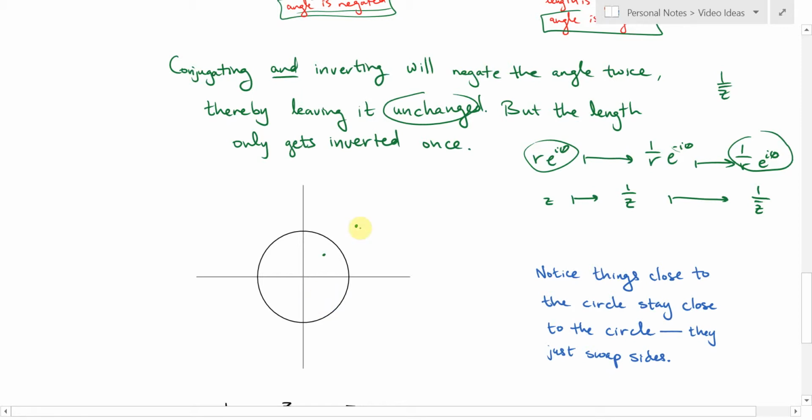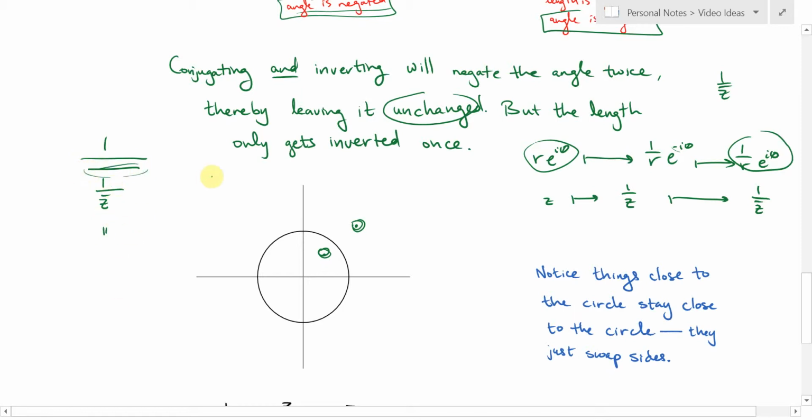This point gets mapped to this point. And also, think about it vice versa. This point inside also gets mapped to that specific point outside. Because if you repeat this map twice, 1 over z bar, and then you invert and conjugate again, 1 over that whole thing bar, what does that equal? So this bar here is just conjugation.